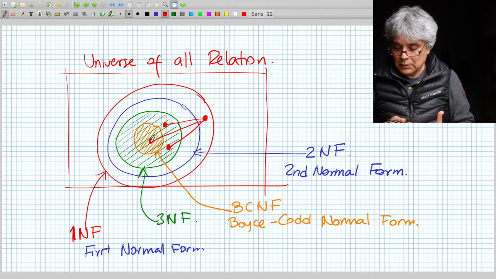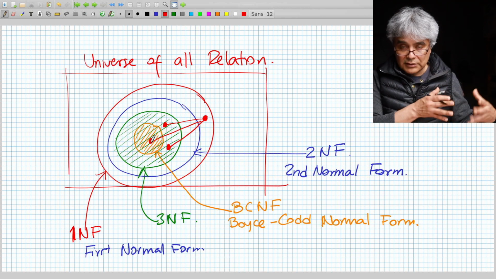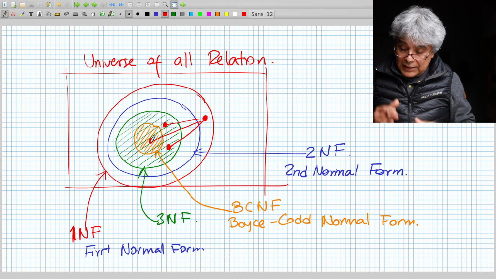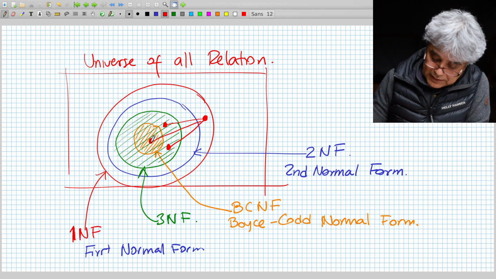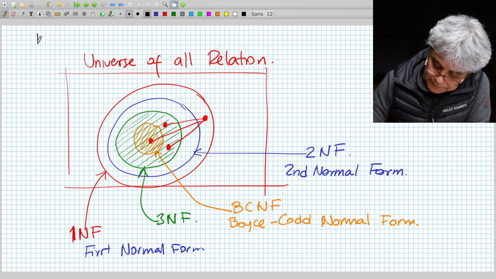Okay? Remember, a BCNF relation will also be 1NF. So still a relation that our relational database system will be able to deal with. Okay? So that is the purpose of the rest of this chapter, and this is known as normalization.